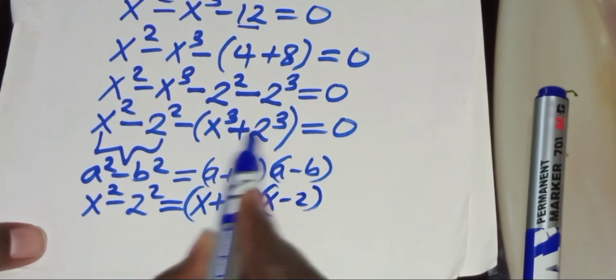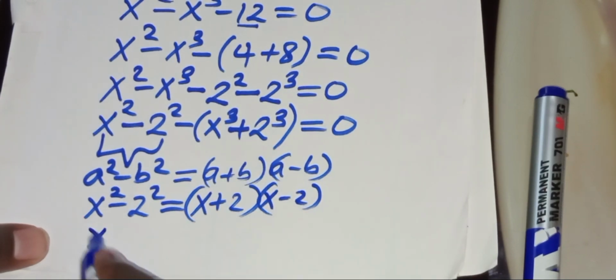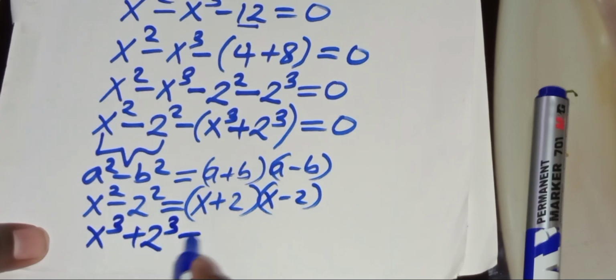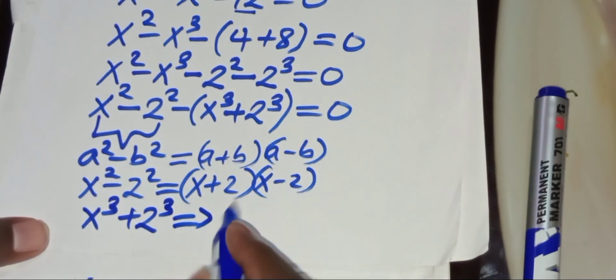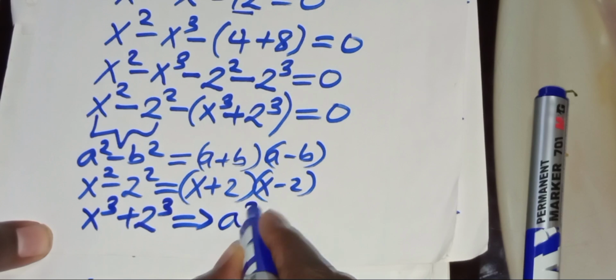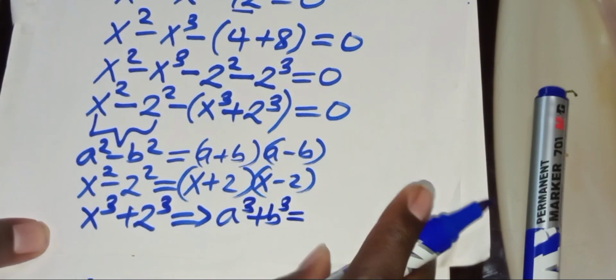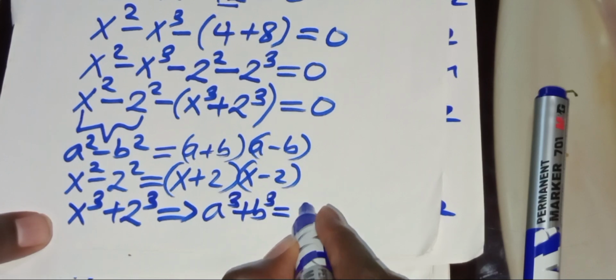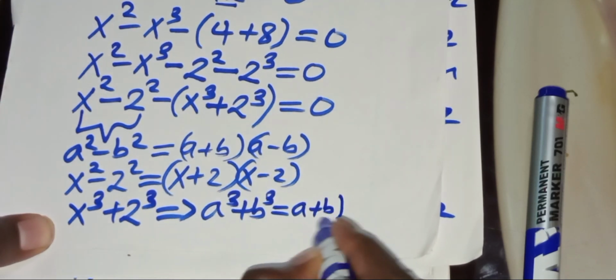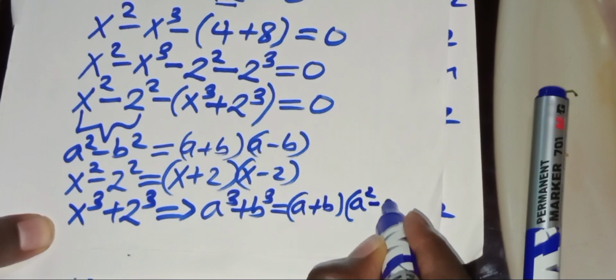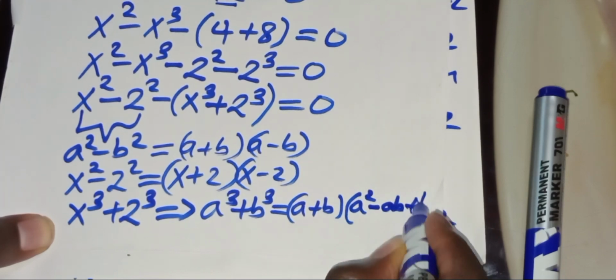Now the second part here, which is x to power 3 plus 2 to power 3, is in the form of a cubed plus b cubed, which is expressed as a plus b, a squared minus ab plus b squared.